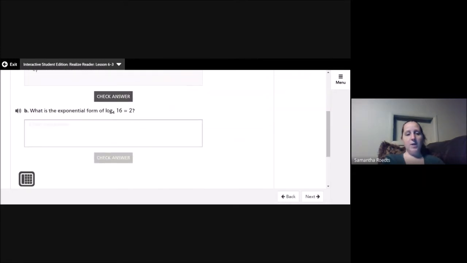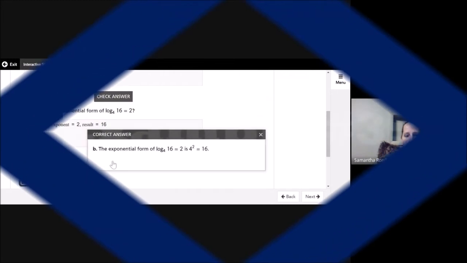For b, what is the exponential form of log base 4 of 16 equals 2? So my base is 4, my exponent is 2, and my result is 16. So in exponential form, I have 4 squared equals 16.